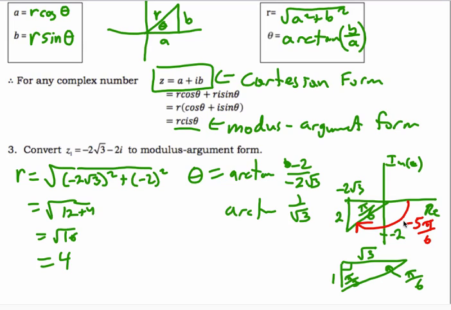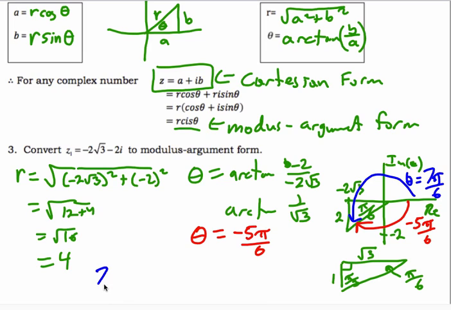So that is the argument, negative 5 pi over 6. But it's also perfectly acceptable to go this way according to most IB mark schemes, and you could say theta equals 7 pi over 6, pi plus pi over 6. So that's the argument, and that's the modulus.